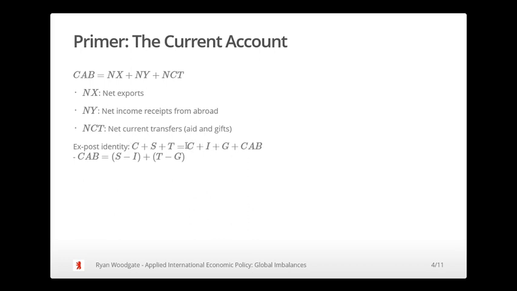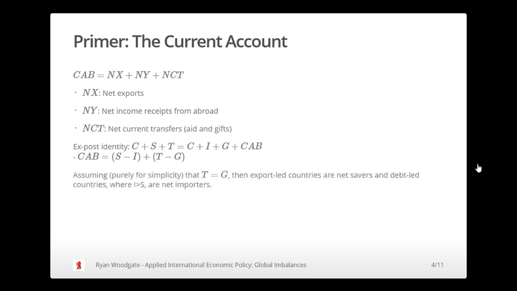Just cancelling out the C on both sides and rearranging, we find that the current account balance is equal to the difference between saving and investment plus the difference between tax receipts and government expenditure. Assuming purely for simplicity that the government is running a balanced budget, or it's so close that it's negligible for now, we see that the current account balance is simply equal to the difference between saving and investment.